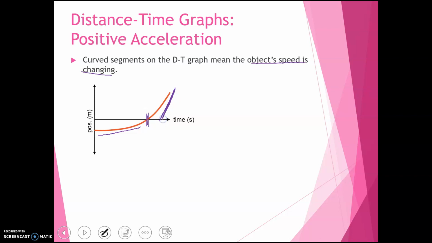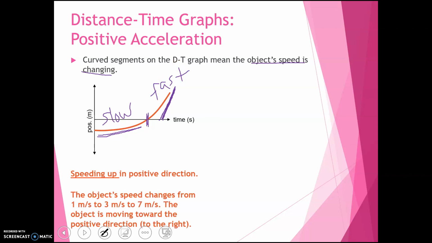Remember we talked about the slope of a distance versus time graph does tell us speed. So this is a very slow change in speed. This is a very drastic change in speed. So we're going from a slower speed to a faster speed. That means that we are increasing in speed. So we're speeding up and it's in the positive direction.